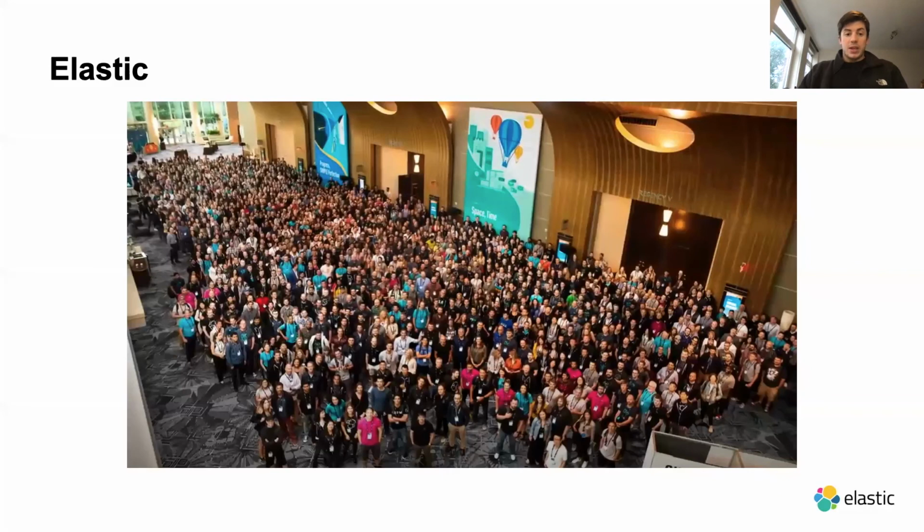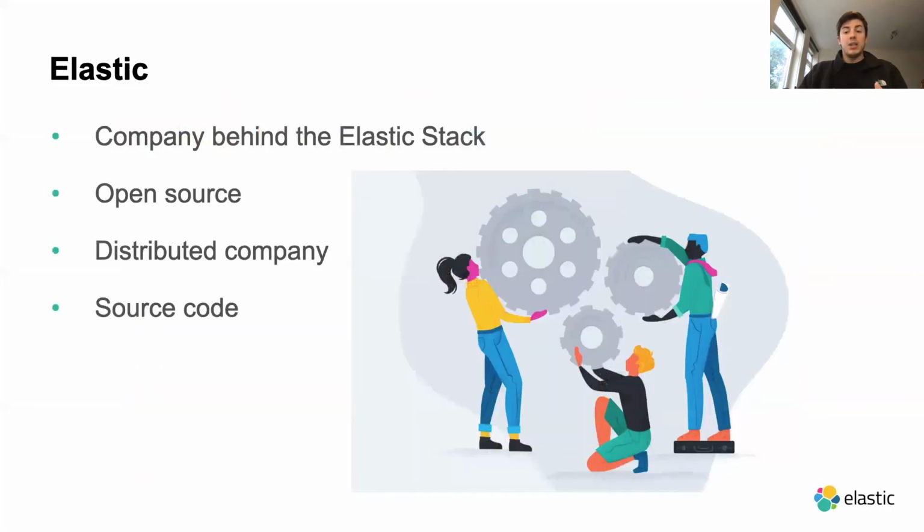Elastic as a company is behind Elastic Stack, and we're going to see a bit more on the Elastic Stack in a bit. But before we move on to the technicalities, it's very important for me to share just a bit on the company because I think it's a very unique place to work in. And of course, as you know, Elastic is behind the Elastic Stack, which is open source, and it's a distributed company.